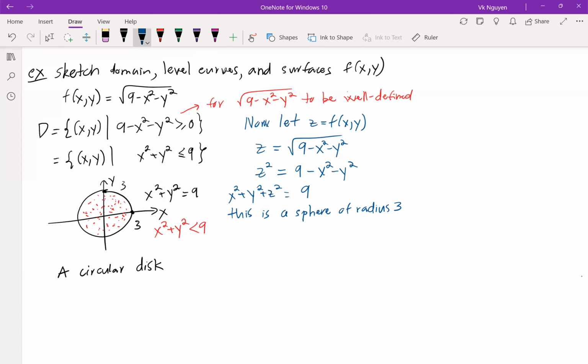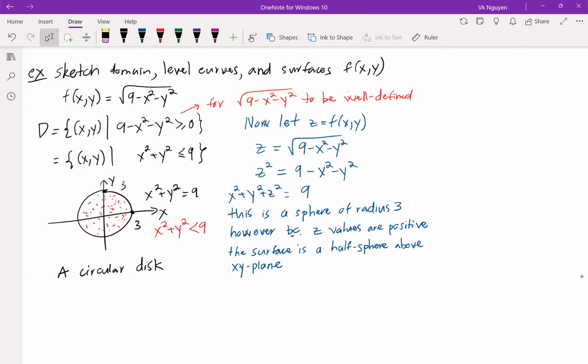However, because the value of z is positive, because z values are positive, we only have half of the sphere above the xy plane, the surface, a half sphere above the xy plane.